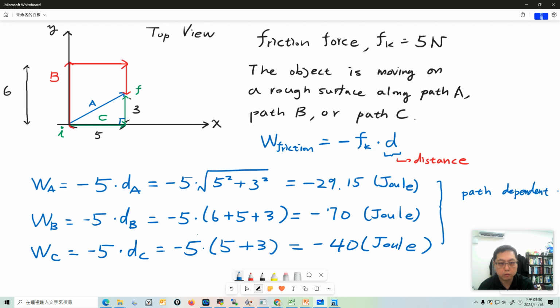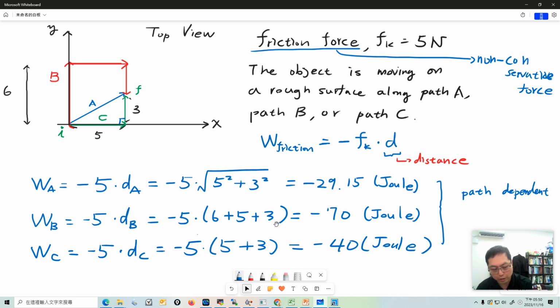And so friction force is a non-conservative force. That's why friction force is a non-conservative force. You also look at that the work is always negative.